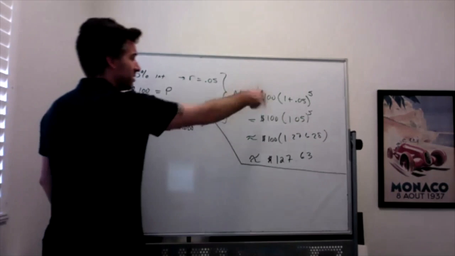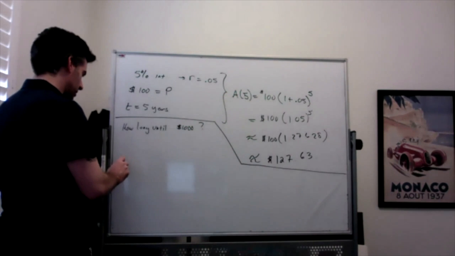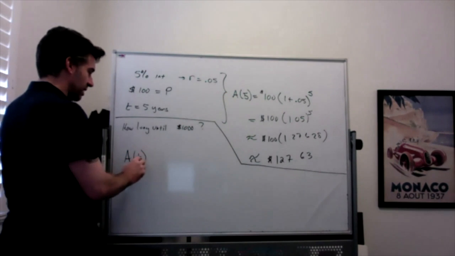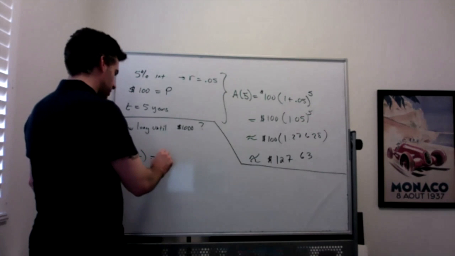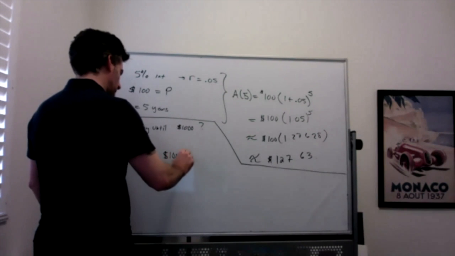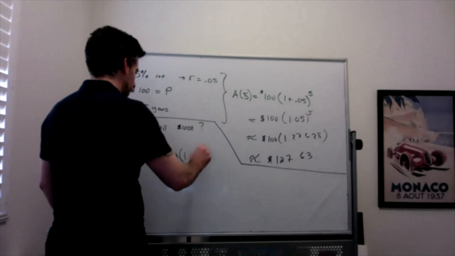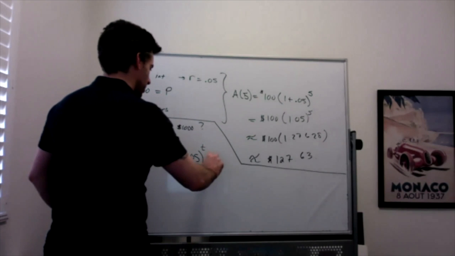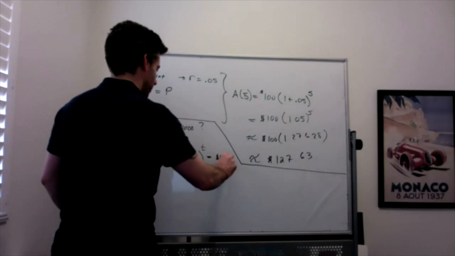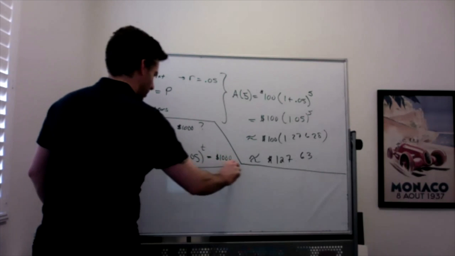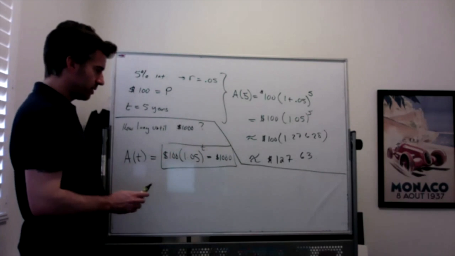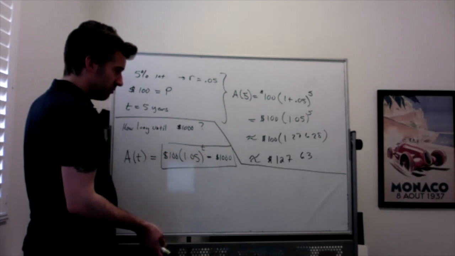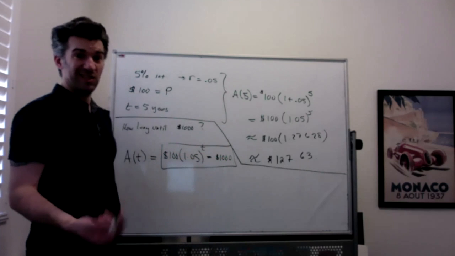So we're just going to take this equation that we have, the amount of money at time t equal to $100 times 1.05 to the, right? We don't know what time is here. We're trying to solve for time, equal to 1,000. And we're going to try and solve this equation for time. So I'm going to divide both sides by 100. 1,000 divided by 100 is 10.